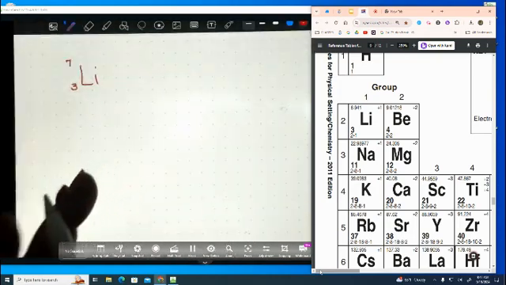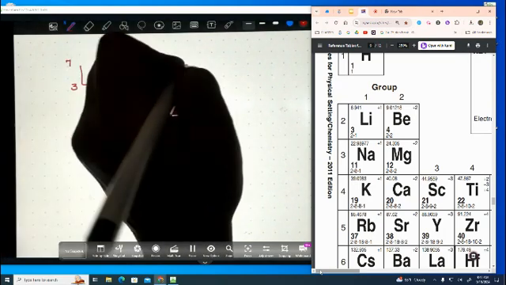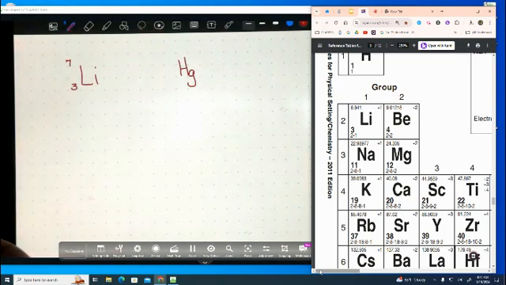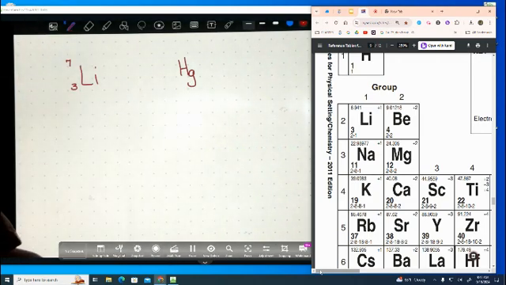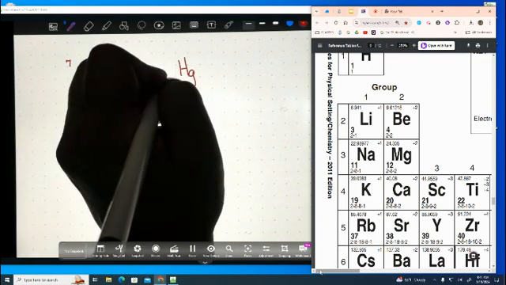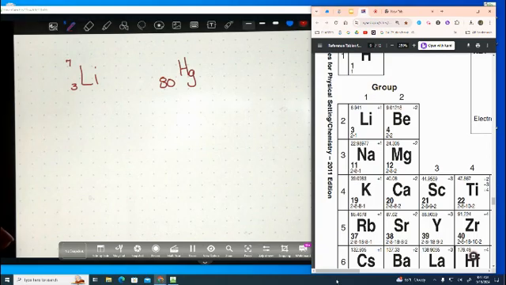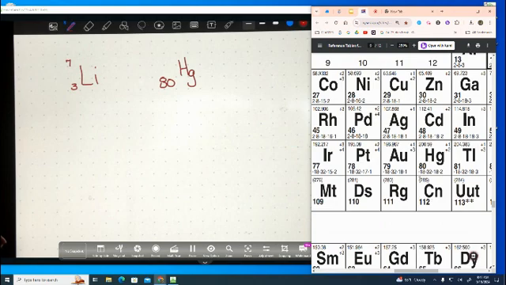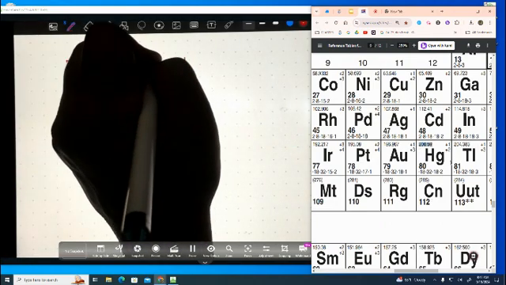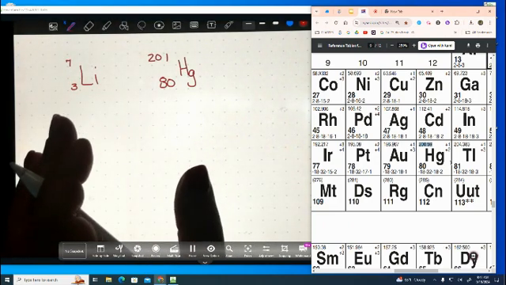All right, what was the next one? Mercury? Okay, what's the symbol for mercury? Hg. It was one of the 35 I said you should probably know. Okay, and what is its atomic number? How many protons does it have? 80. For those of you who don't know, you can take a trip to Mercury. There it is, right there, 80. And its mass number would be 201. Okay? And then finally, what was the last one?